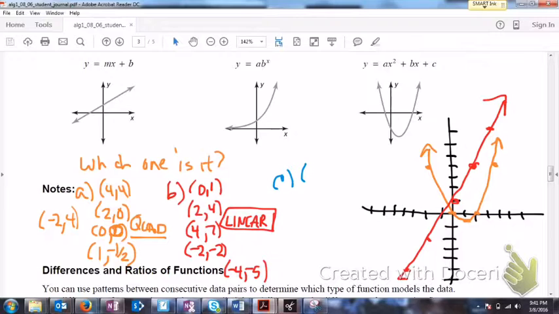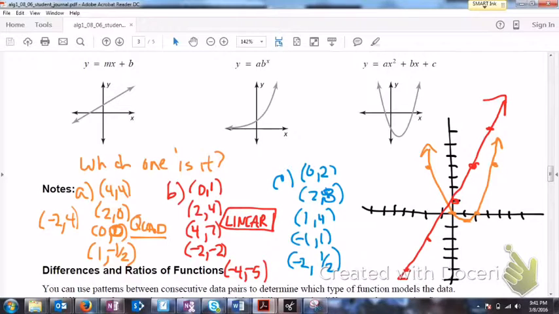Let's do one more. Part C. What if we have these points? (0, 2), (2, 8), (1, 4), (-1, 1), and (-2, 1/2).